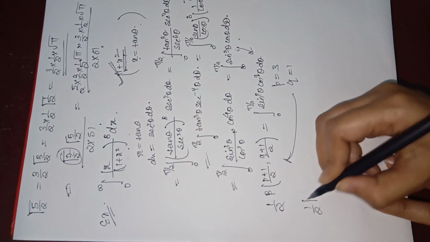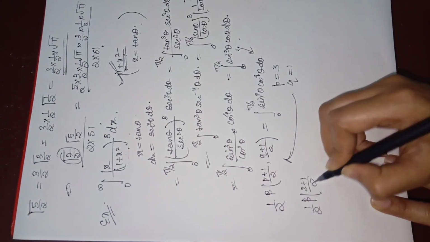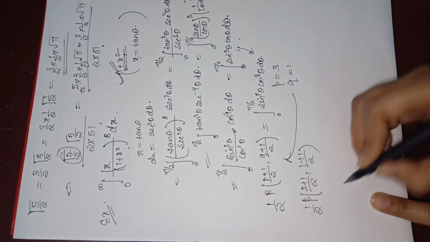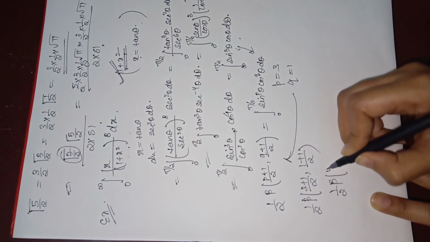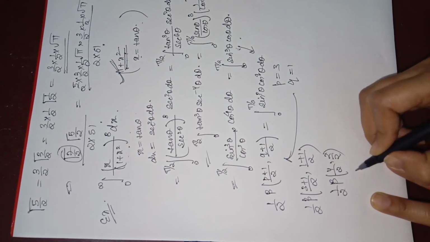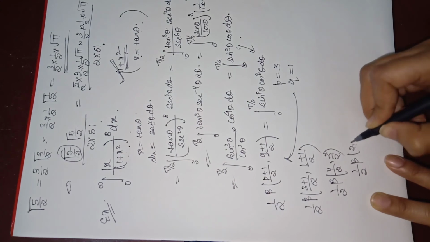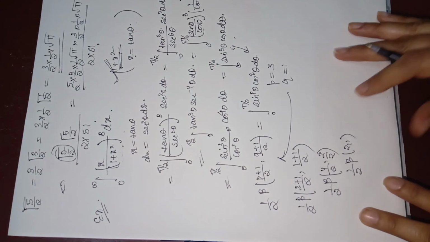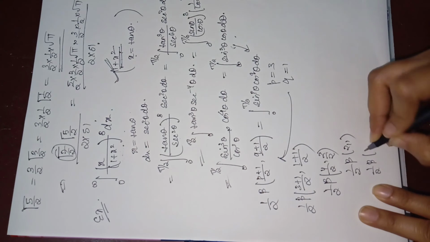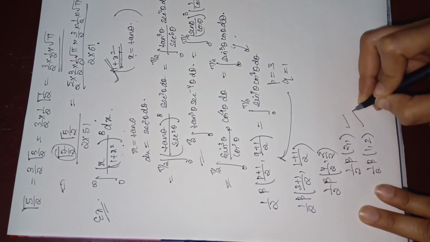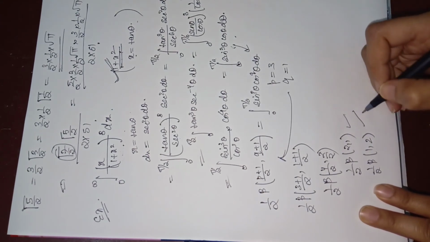So it is half beta of (3 plus 1) by 2, (1 plus 1) by 2. So it is half beta of 4 by 2, 2 by 2. So it is half beta 2 comma 1, and you also know this is half beta 1 comma 2. So whatever is given in the option, that is correct. If both are given, both are correct.